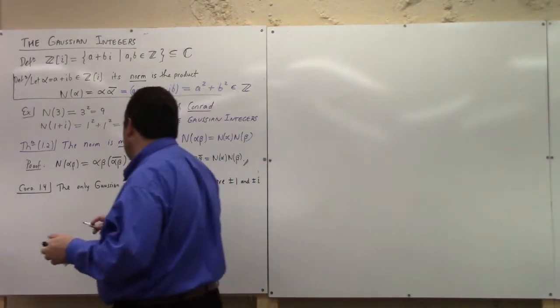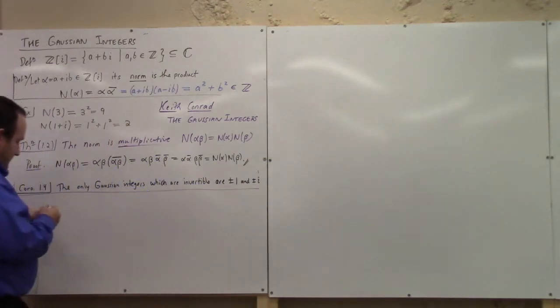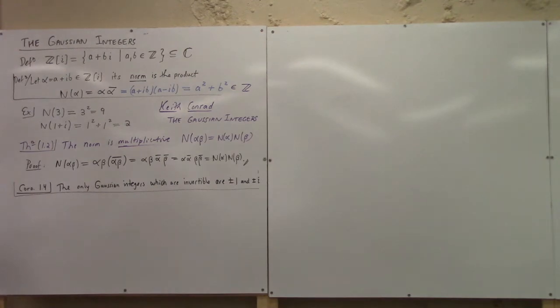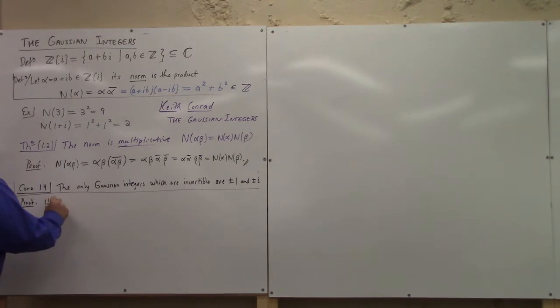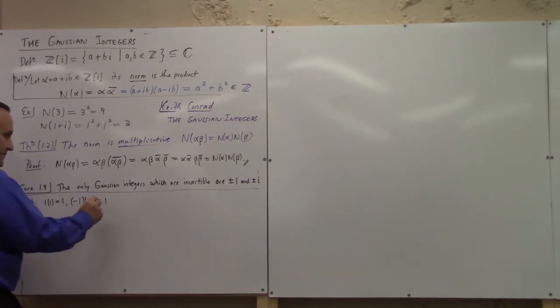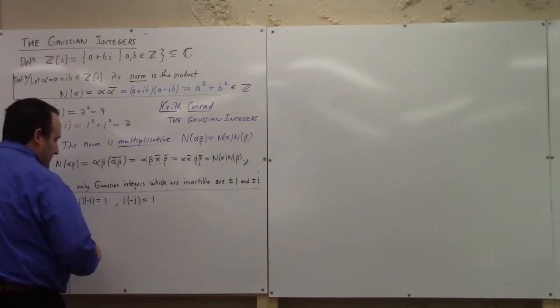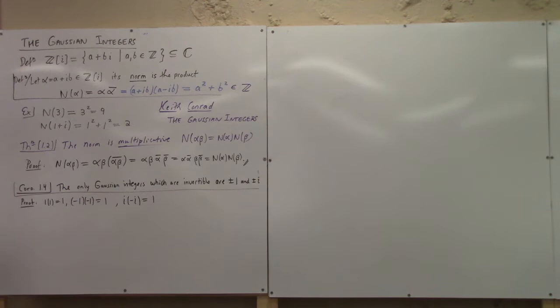Okay. So to start the proof here, it's easy enough to prove that all of these are invertible, right? So 1 times 1 is equal to 1, minus 1 times minus 1 is equal to 1, i times minus i is equal to 1. So this shows that they're invertible.